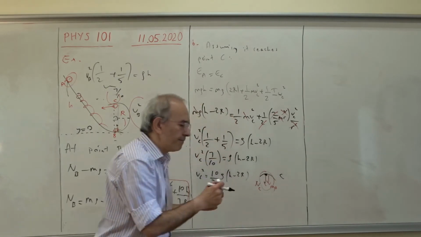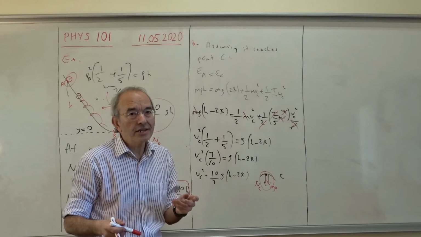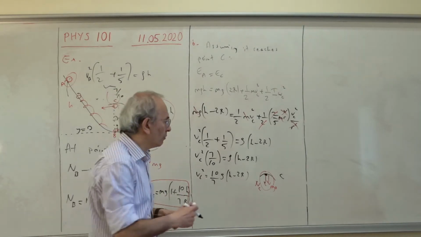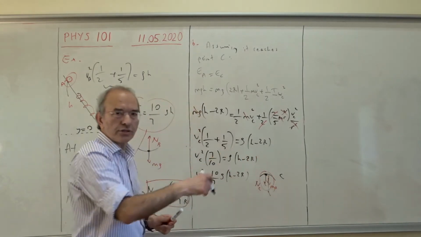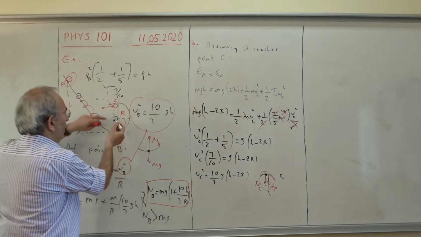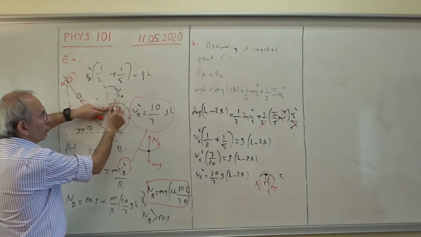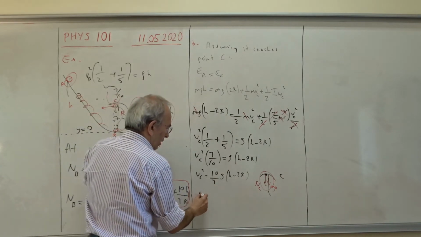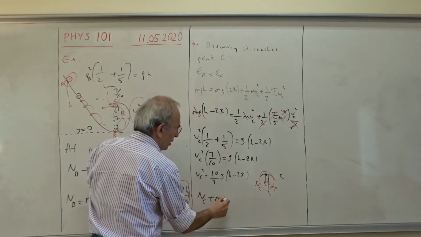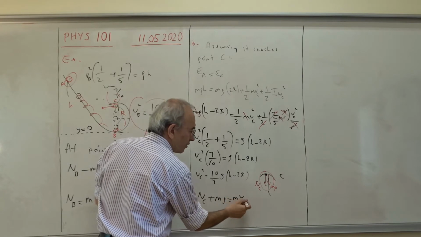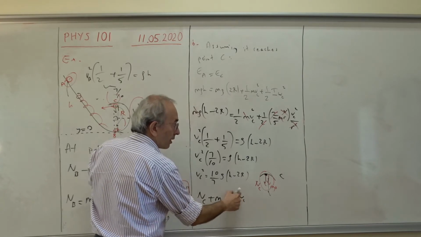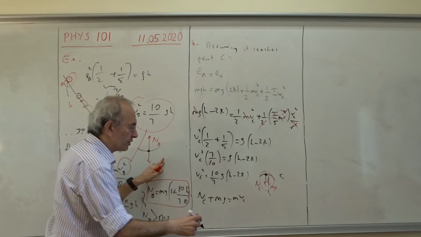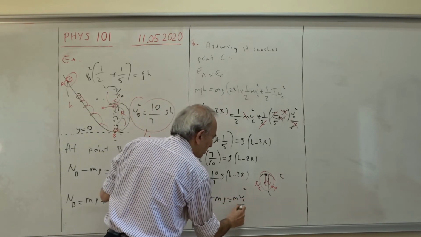So some of them should supply the necessary force to rotate in a circle, because some is also acting towards the center. As it passes through the inside of this road, the forces are downward, so that it is the sum Nc and mg, which is m times vc. Please be careful. Point B, point C are all different. Vc squared over the radius r.